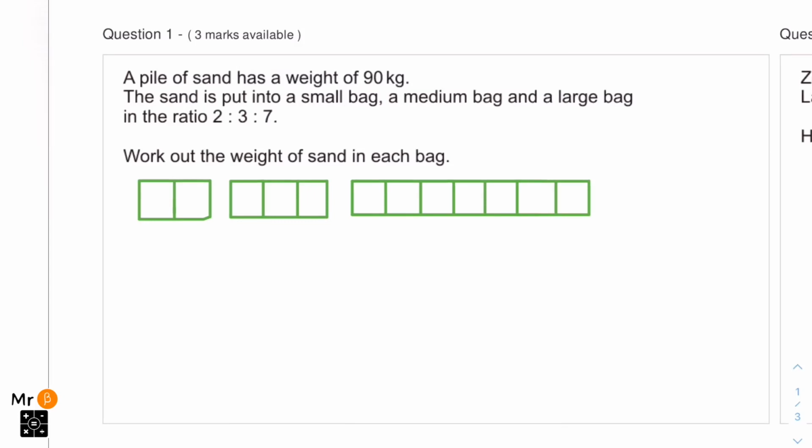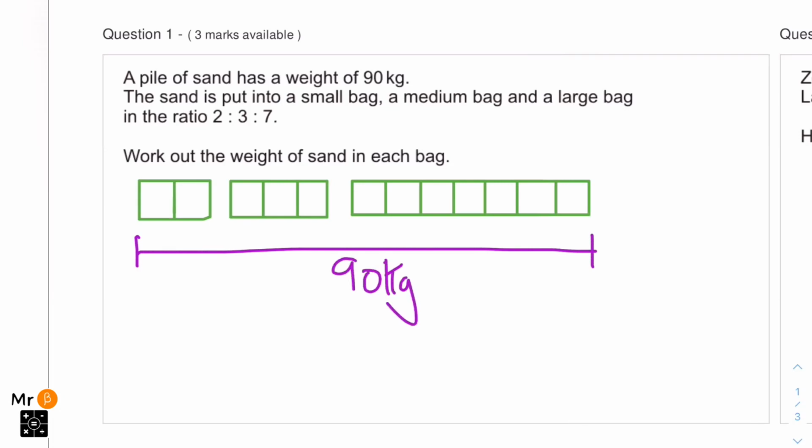So we are sharing 90 kilograms between this ratio 2 to 3 to 7. So we need to share 90 between these 12 boxes. You'll notice that each box is exactly the same size.